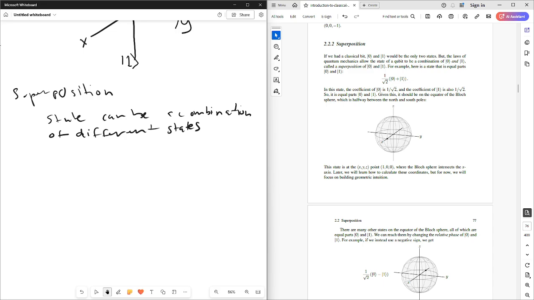For example, they give the Hadamard gate example here. Not the Hadamard, but basically we have the states 0 and 1 with a given amplitude. Now we know that, well, I won't put the cart before the horse.